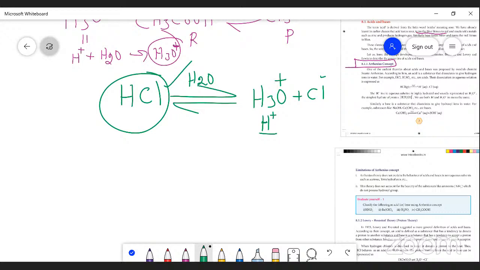If HCl releases H plus ion, it must be an acid. Likewise, take one more acid, H2SO4.